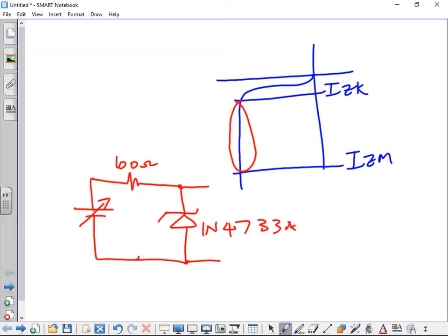According to the specification here, for this Zener, we have ZZ as 7 ohms, IZT is given as 49 milliamperes, and IZK is specified at 1 milliampere.